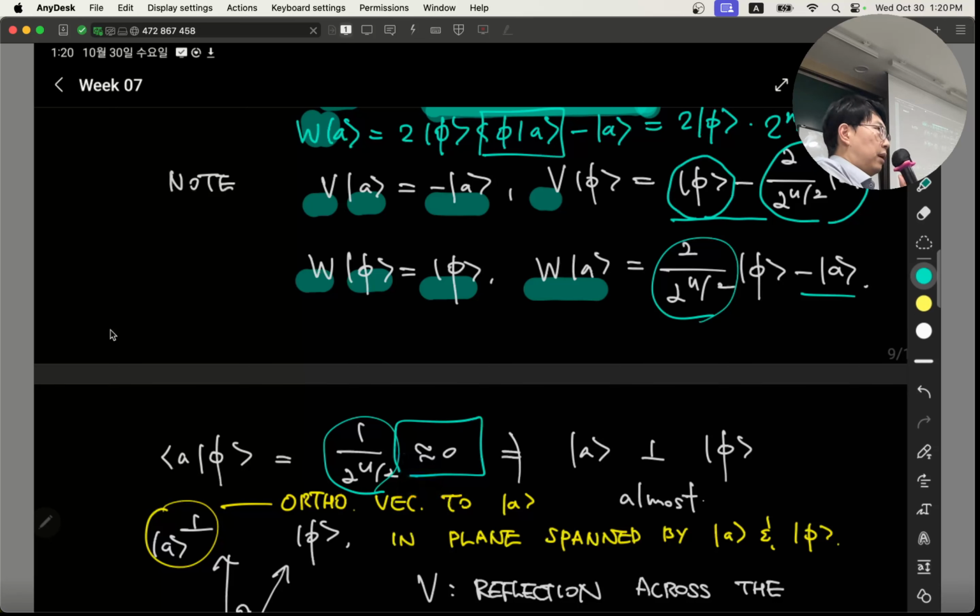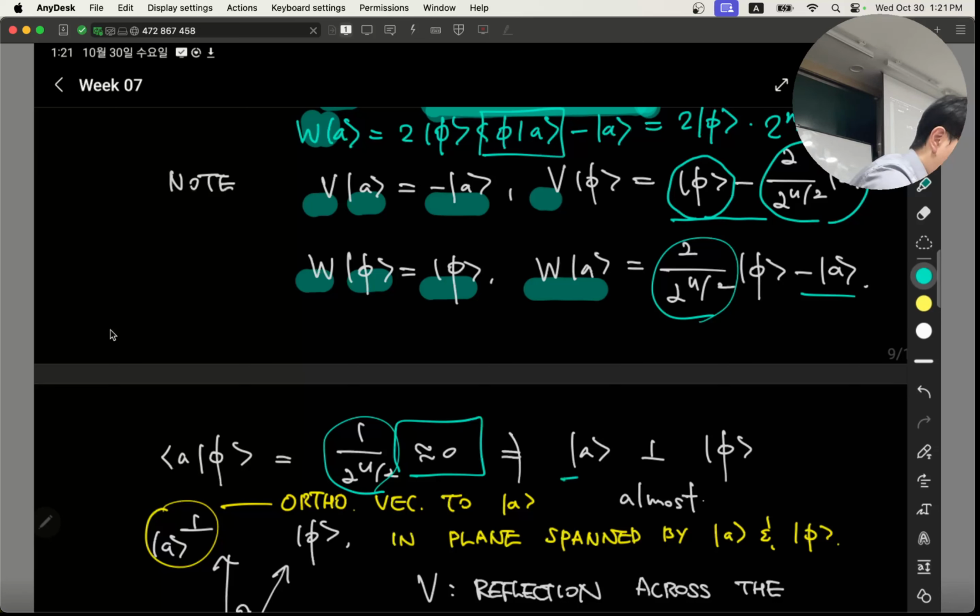So what happens when you think about this as vectors? The bracket of A and phi is measuring the cosine of the angle between these two ket vectors, A and phi. If it is almost equal to 0, that means these two vectors are almost perpendicular. I'm not saying that in principle they are actually perpendicular, because it's just the representation of a quantum state, but you can visualize this geometrically, so that the rest of the argument is designed.